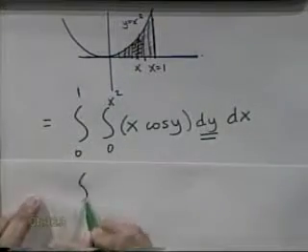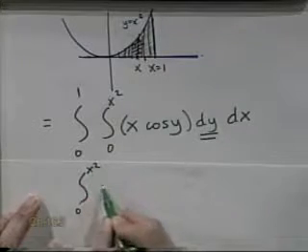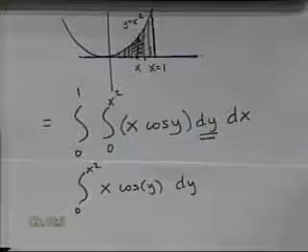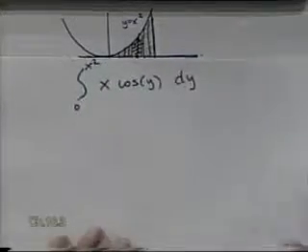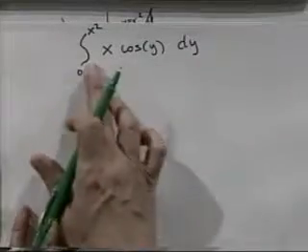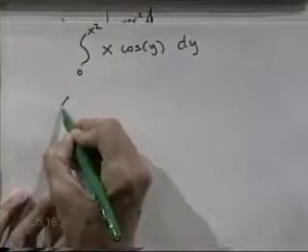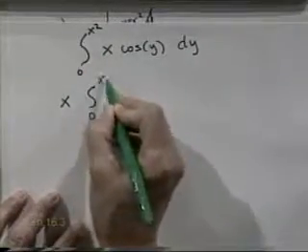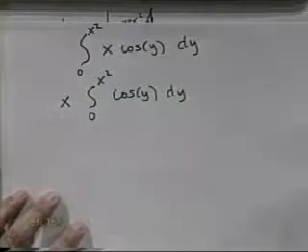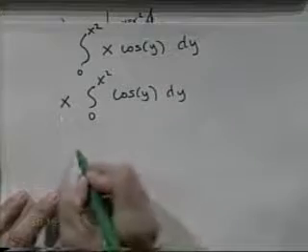First, I'm going to do the inner integral, 0 to x squared of x cosine y dy. That's the first thing I have to do. Now, the beauty of this is I'm integrating with respect to y, so x is a constant. So I can just factor that darn thing out. And I think we all know the integral of cosine is sine.